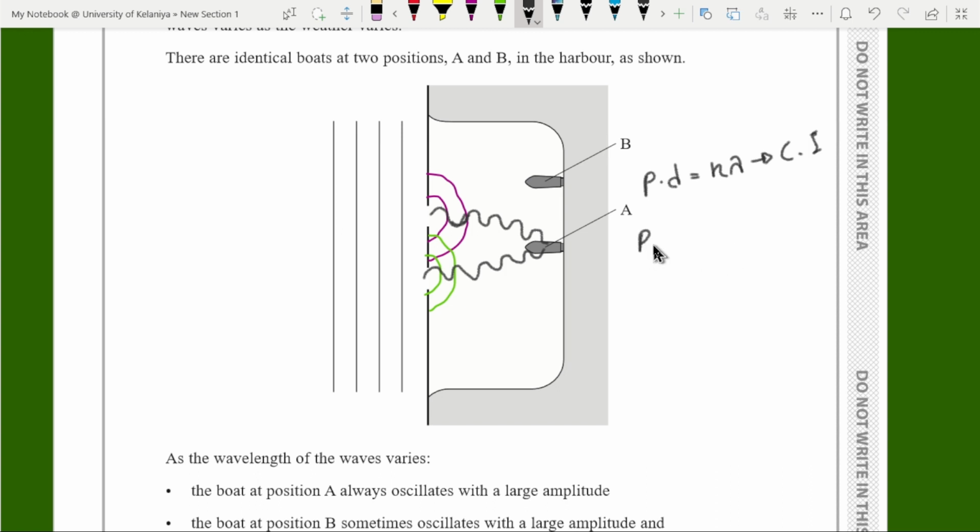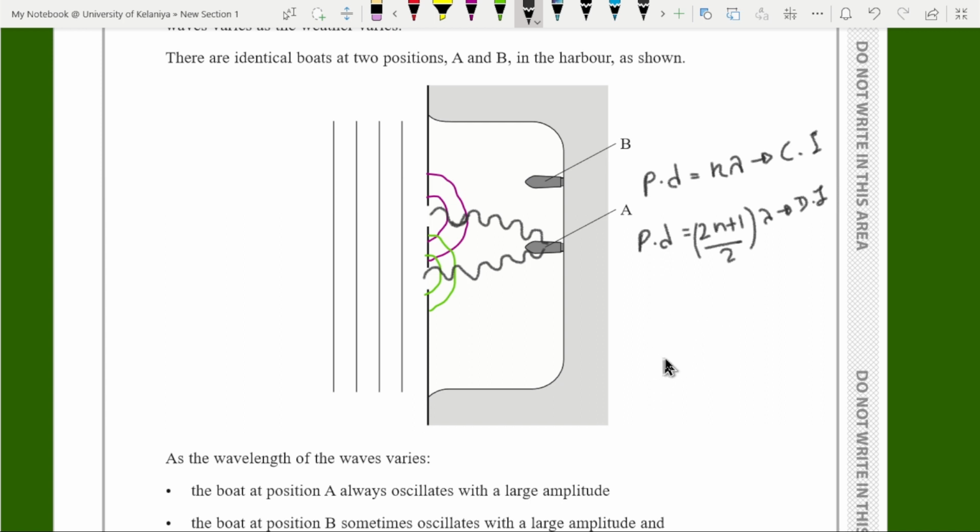If the path difference is equal to (2n plus 1) over 2 times lambda, then it will cause destructive interference. In terms of radians, we can say the same thing.